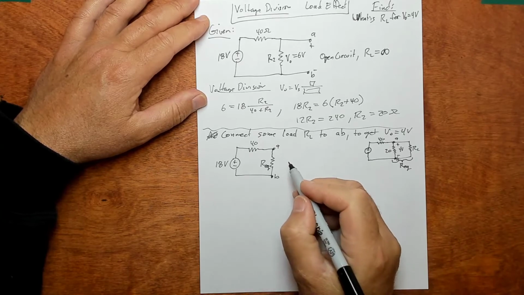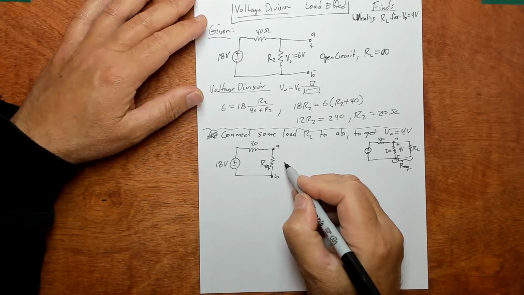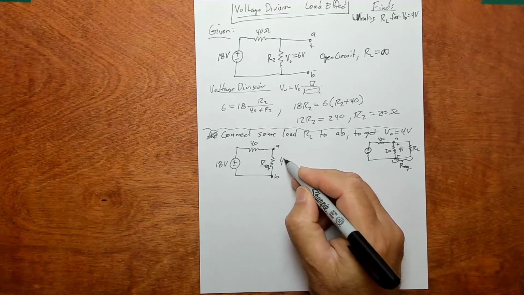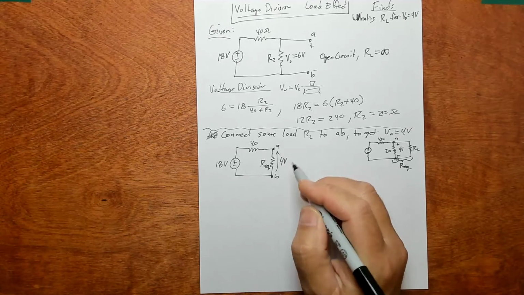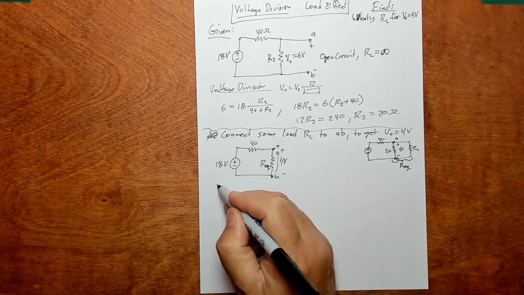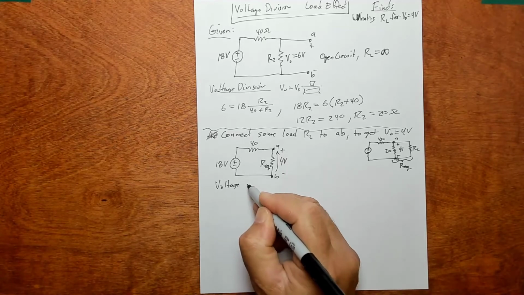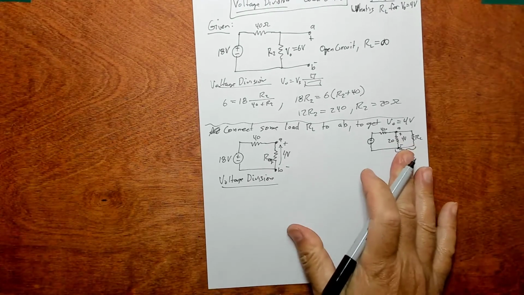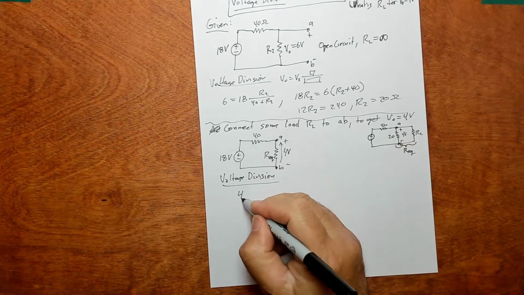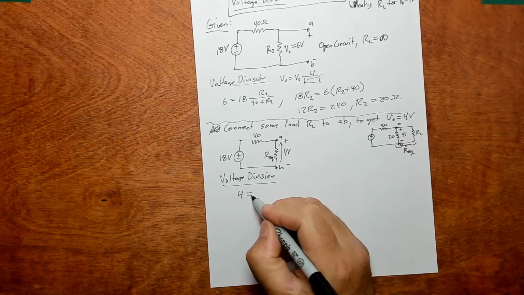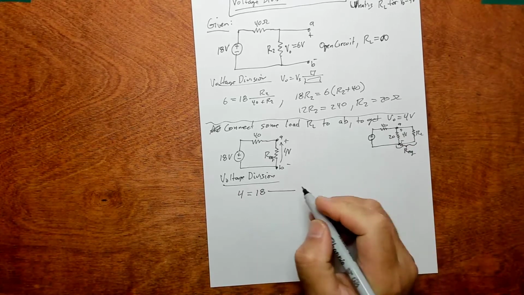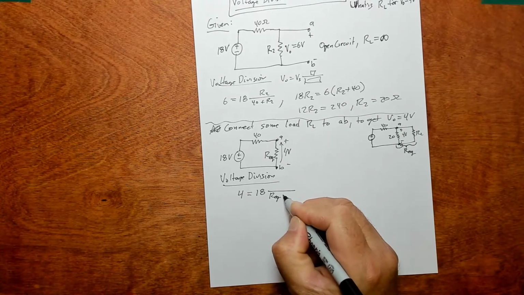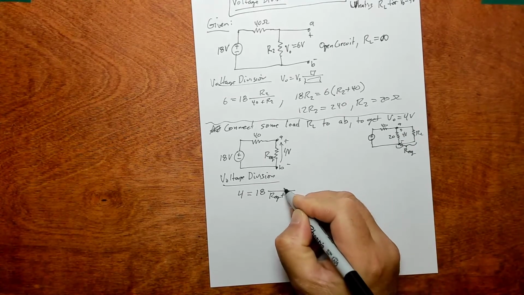And there's going to be 4 volts across this, plus to minus. So we can use our voltage division equation again on this new circuit, and basically this 4 volts here comes from 18 volts getting dropped across some of these, R equivalent over R equivalent plus 40.